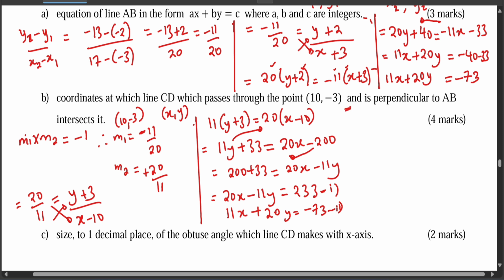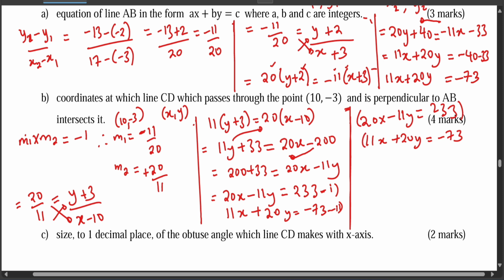So let's draw another line here and write it here. So 20x minus 11y equal to 233, and the other one is 11x plus 20y is equal to -73. So now let's remove the x, and therefore we'll make the x coefficients similar.